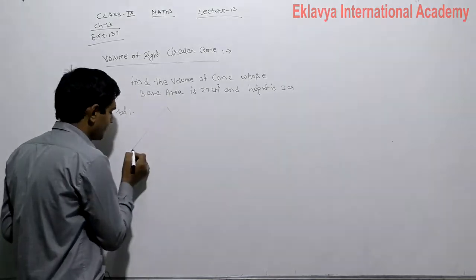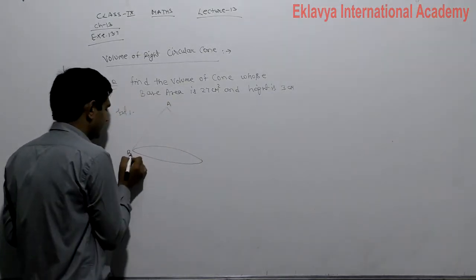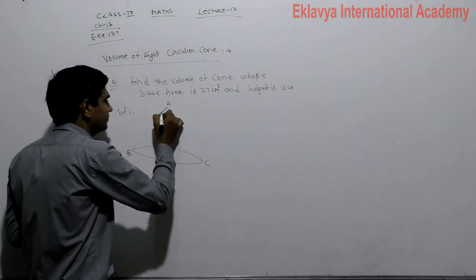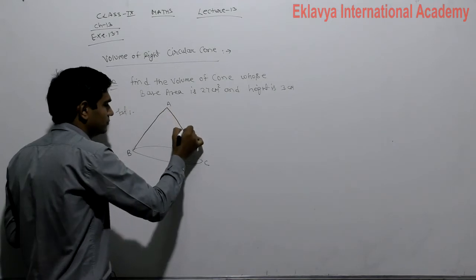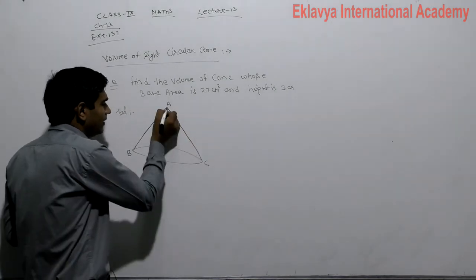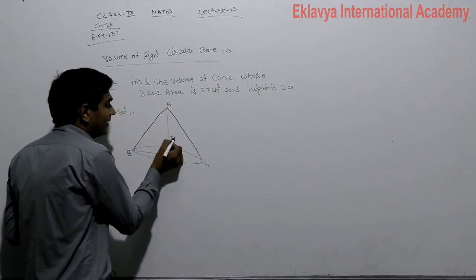Cone ABC. In that right circular cone, height is 3 centimeter.